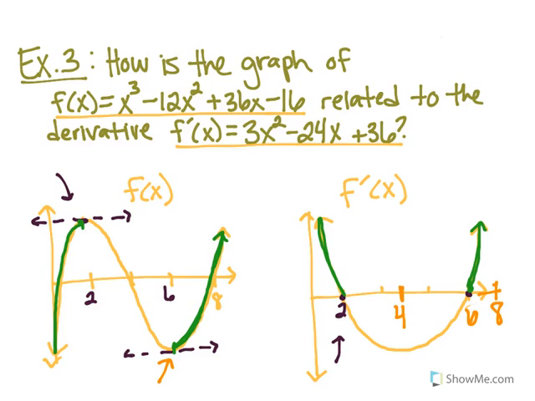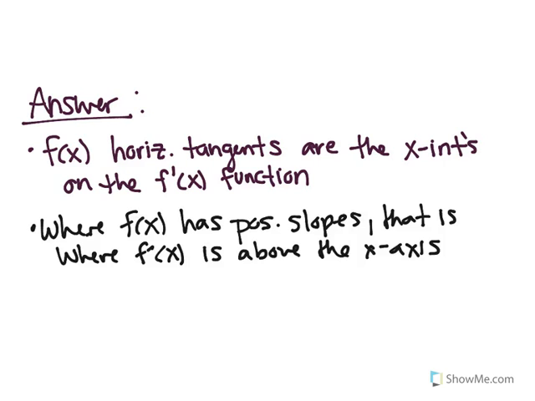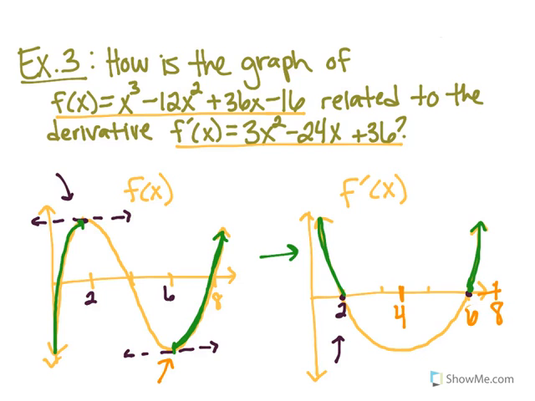And the answer to that is that they're above the x-axis. Also something very important to note. So we're going to put that over here in our answer. So where f of x has positive slopes, that's where f prime of x is above the x-axis. And I'm sure that you can, from here, create your own ending to this.